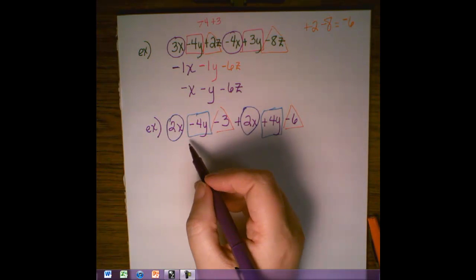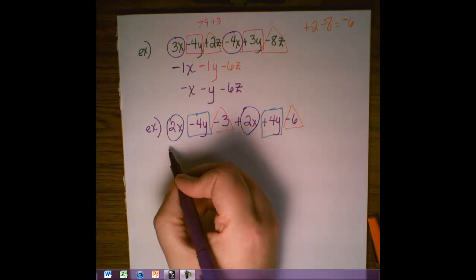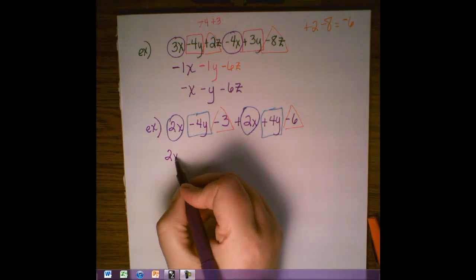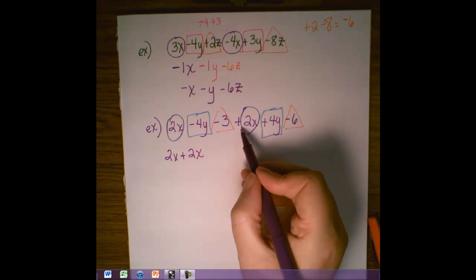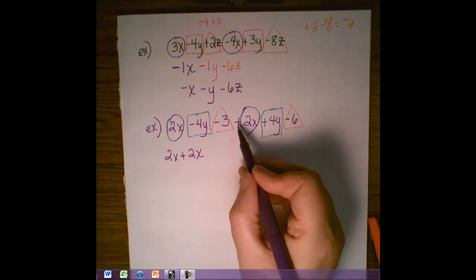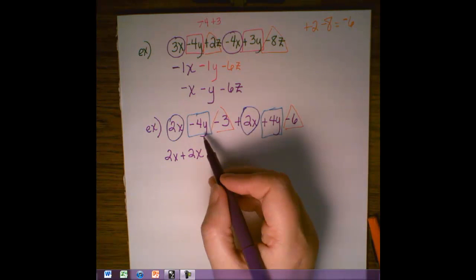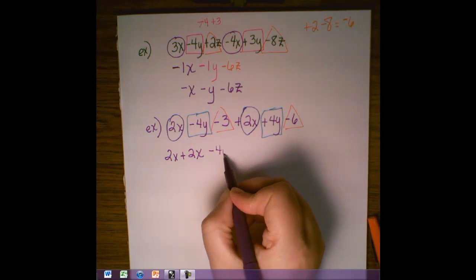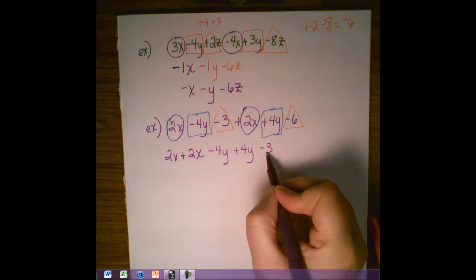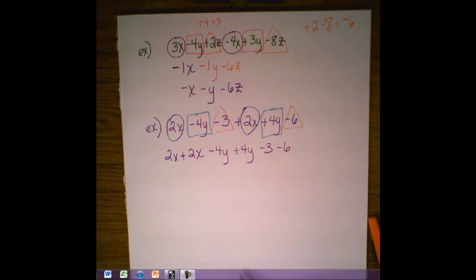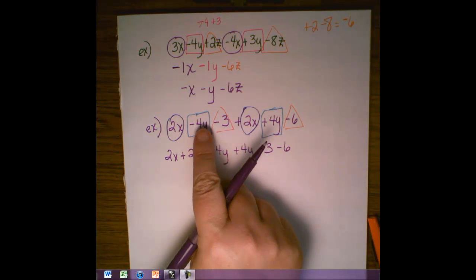You could also rewrite this one where the like terms are next to each other. As you do that, again, remember that tongue of the wagon theory. Whatever is in front of the term, the sign, must stay with that term.